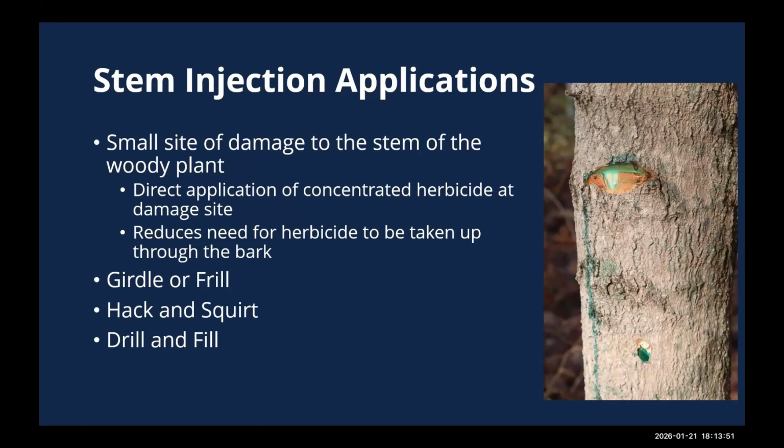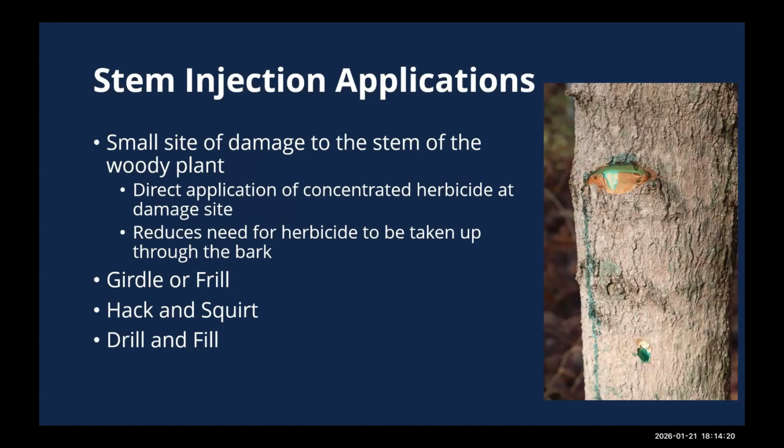What you do is use one of several techniques to make a small site of damage to the stem of that woody plant, and that's bypassing the bark. And then you put that concentrated herbicide right into that damaged site, and it really helps focus the herbicide right into that phloem layer where it's best taken up, so you don't have to worry about having an herbicide that's going to penetrate and work its way through that bark.